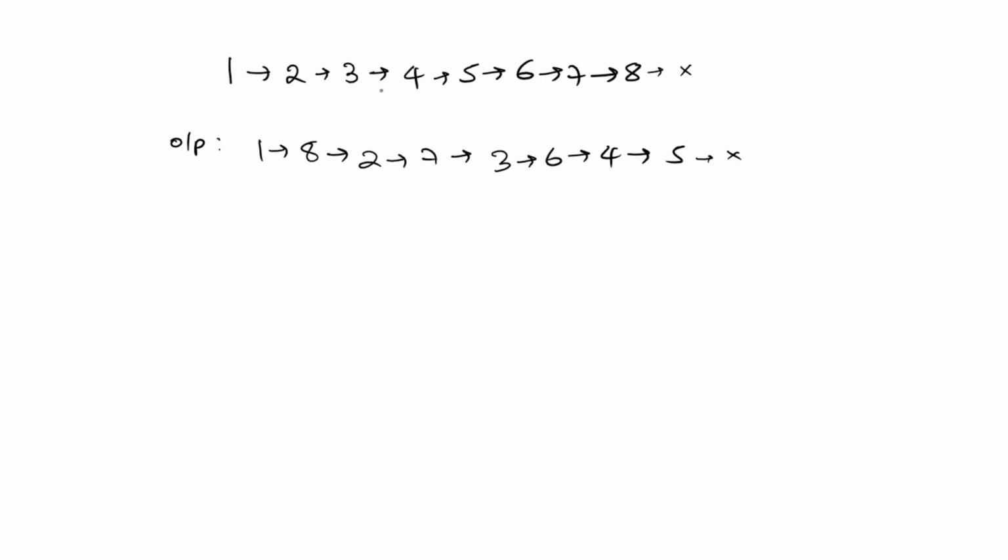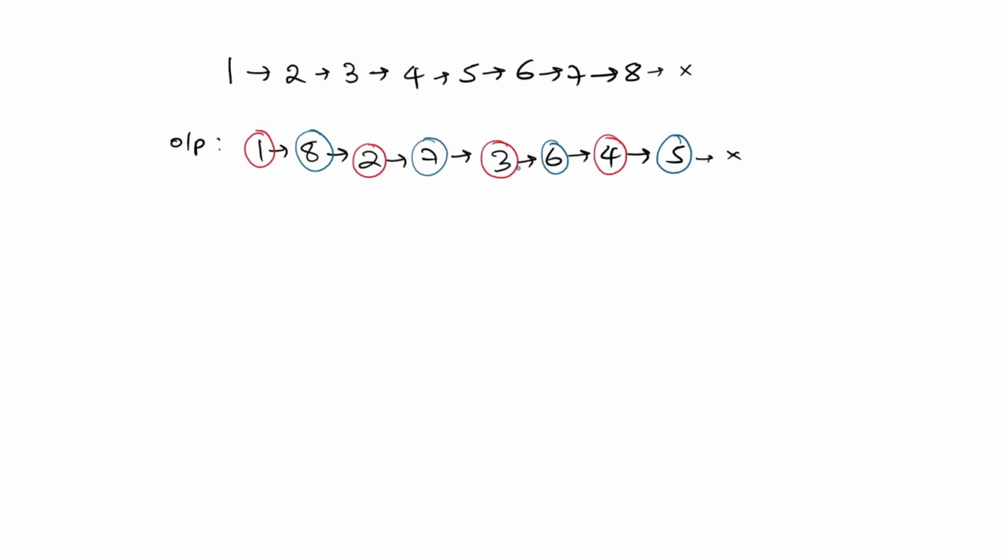If you observe the output, you can see 1, 2, 3, 4 are in order, and then 8, 7, 6, and 5 are also in order, but in reverse order. So half the elements are in blue and half are in red.